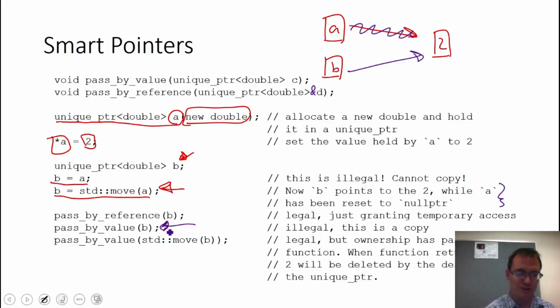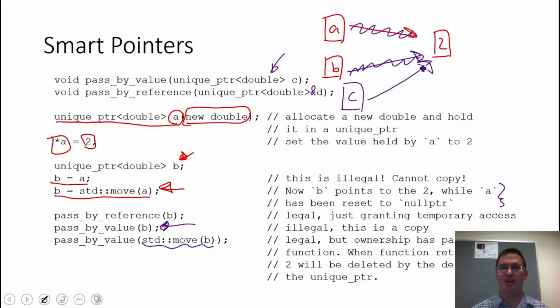However, we can move it, and so we specify that we want to move it into the function, which is defined up here. This is legal. However, now the function C here, when we do this, B no longer points to the 2. We've changed ownership. Now C is pointing to the 2.